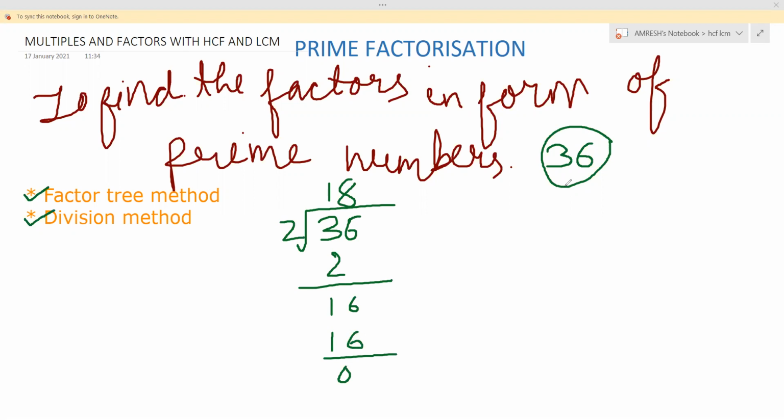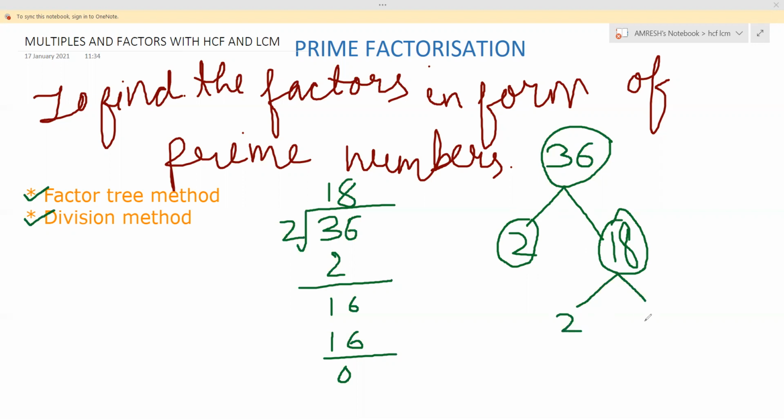So from this 36, make a tree. 2 and 18. Two branches we have made. 18 also is an even number, so one more tree we can make here: 2 and 9.